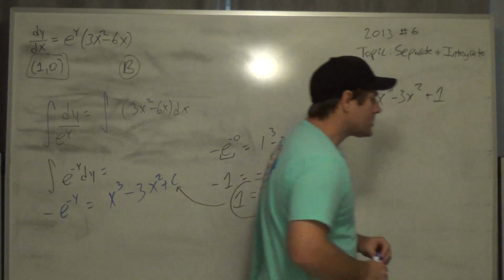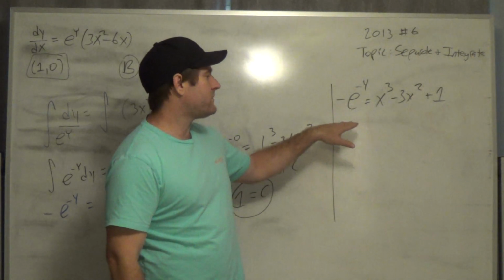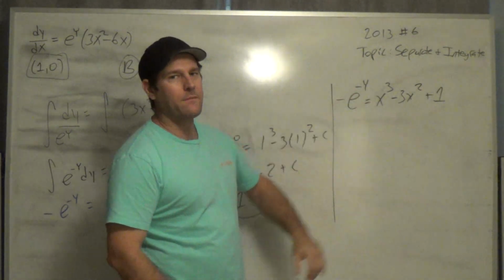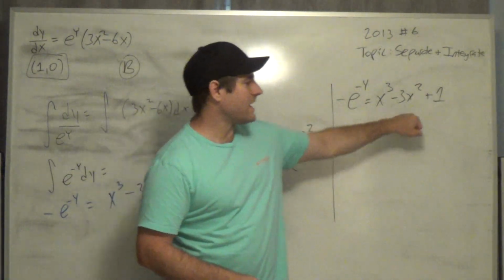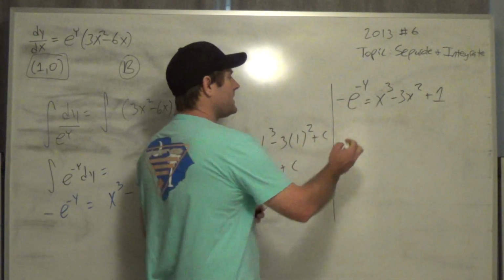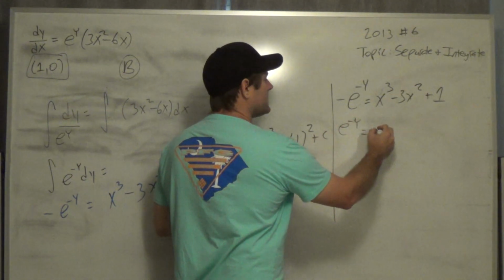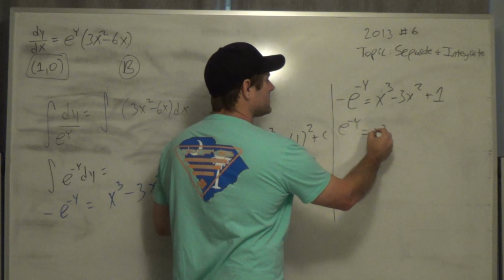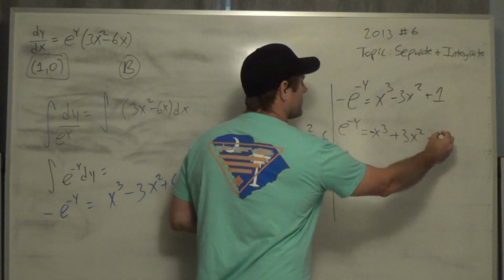All right, so from here, I want to get points. To finish getting all the points, all I have to do is get that y by itself. So the first thing to get that y by itself is I'm going to divide everything by a negative. I get e to the negative y equals negative x to the third plus 3x squared minus 1.